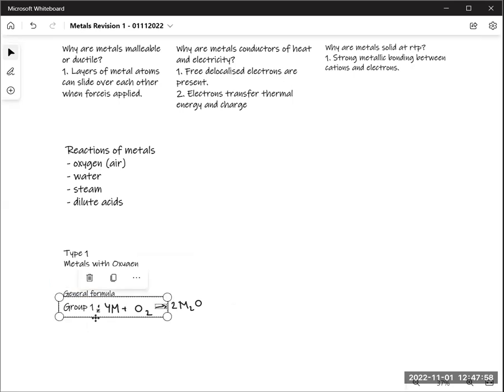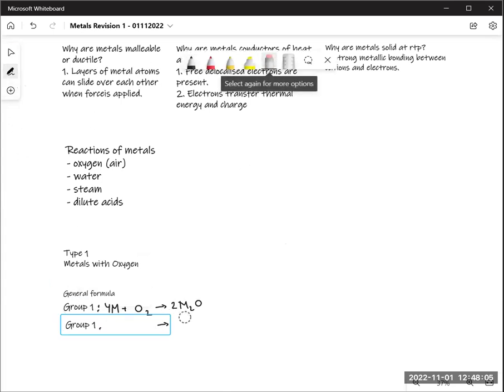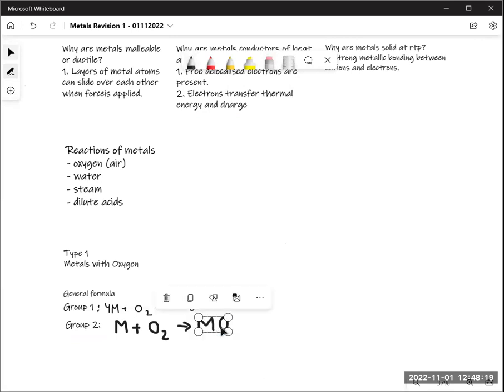What about group 2? Well, let's look at group 2. For group 2, it's going to be M plus O2 gives us MO. So does type 1 mean reaction type 1?